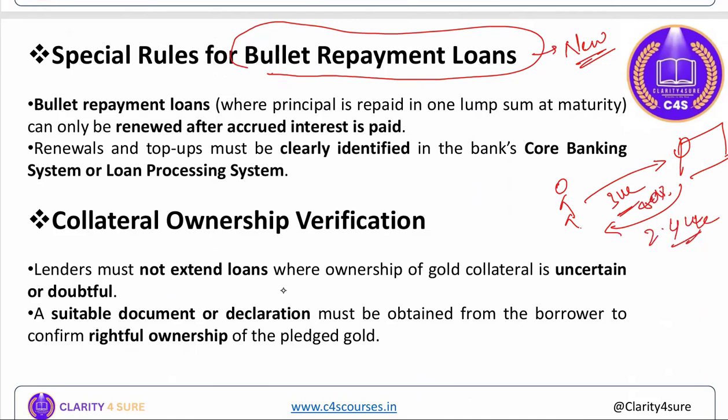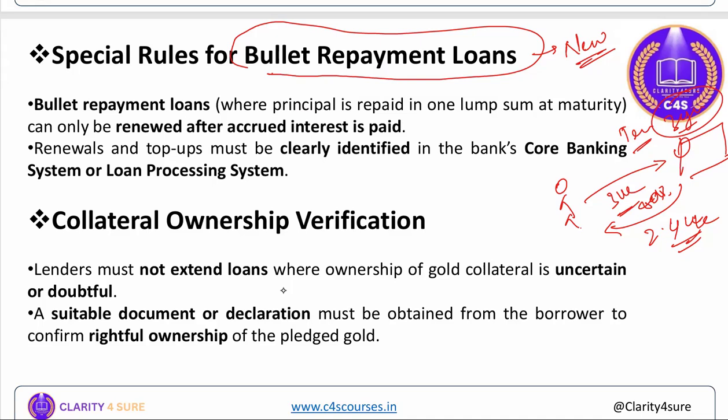But he is not repaying the interest amount, and the tenure is suppose 3 years, and this borrower is not paying the interest at regular intervals, means on an EMI basis.